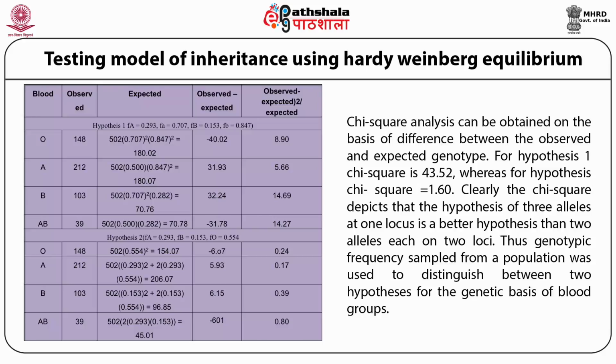Clearly, the chi-square depicts that the hypothesis of 3 alleles at one locus is a better hypothesis than 2 alleles each on 2 loci. Thus, genotypic frequencies sampled from a population can be used to distinguish between the two hypotheses for the genetic basis of blood groups and likewise for many other inheritances.